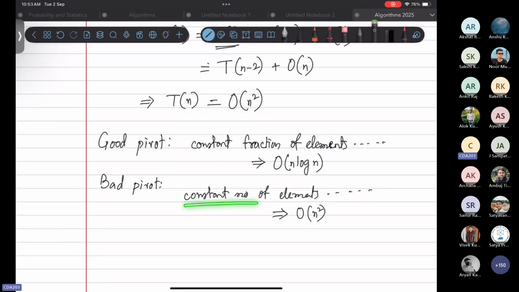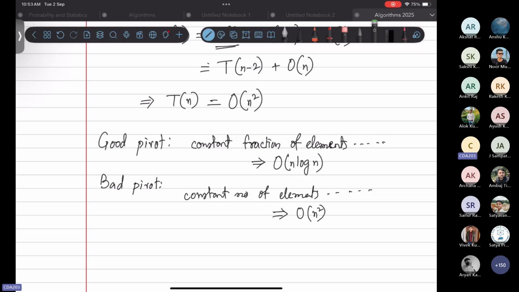And if a constant number of elements is going to one part, then I'll call it a bad pivot element. Right now, which type of elements are more? Is it a good pivot element or bad pivot element? Number of good pivot elements are more, or number of bad pivot elements are more?